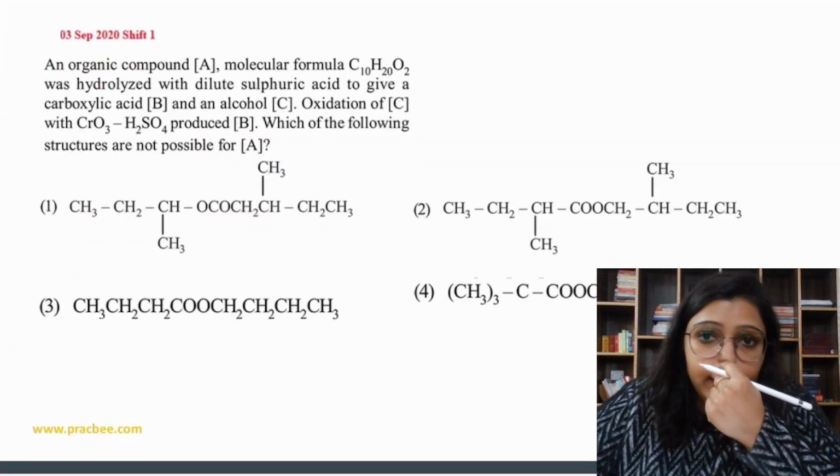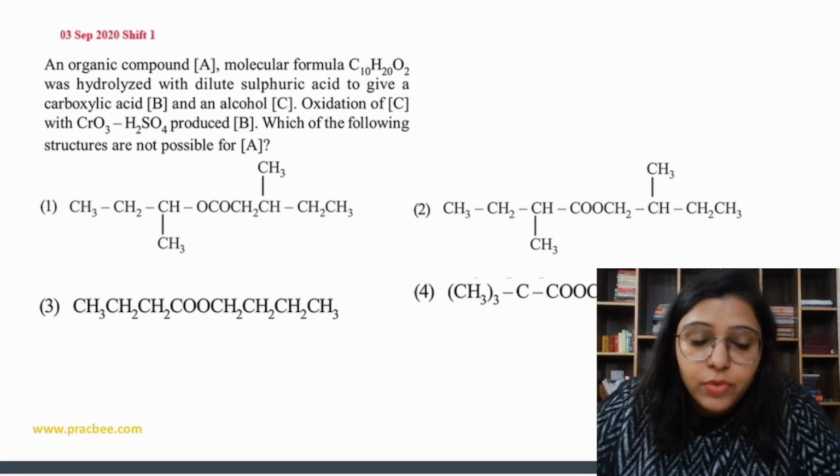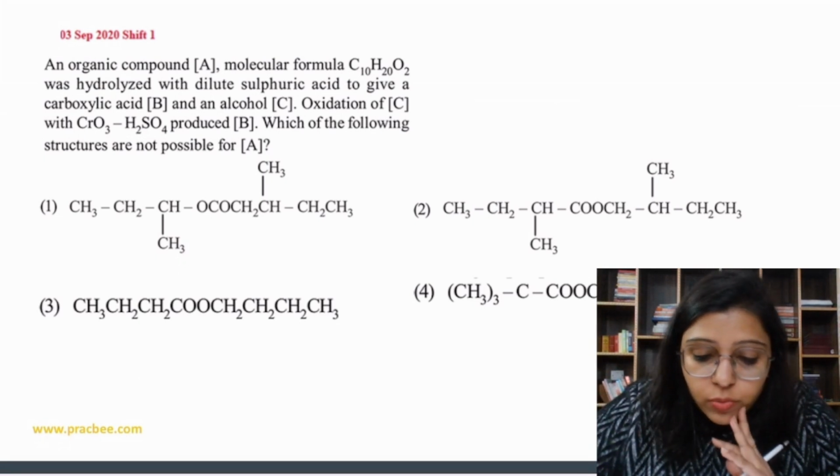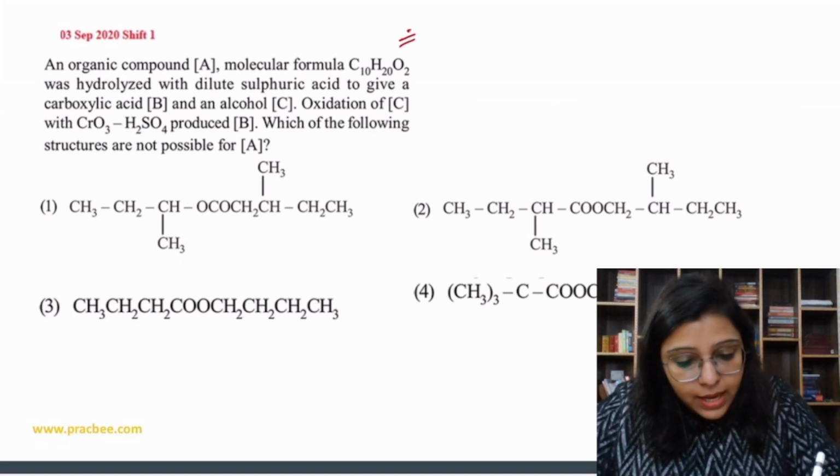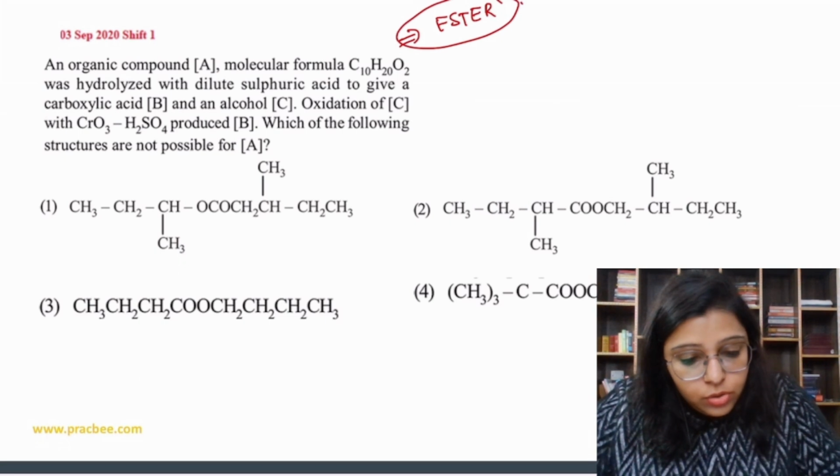The question says an organic compound A, molecular formula C10H20O2, was hydrolyzed with dilute sulfuric acid to give a carboxylic acid B and alcohol C. So it means this must be an ester.